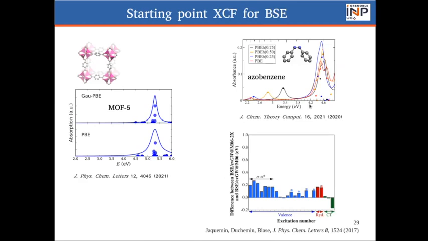And this is similar to results obtained by the Yenko group, in which when computing the difference in the BSE excitation energy between two starting points, they found that the change is larger for the n-pi-star excitation compared to the pi-pi-star.